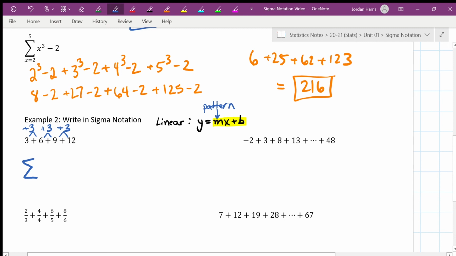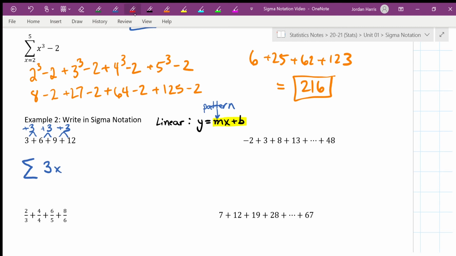So if it's going up by 3, notice I put plus. That means it's a positive 3 slope. If it was going down every time, it would be a negative slope. So you do need to understand that. There can be positive slopes, there can also be negative slopes. If we're going up, positive; going down, negative. This one's going up, so it's a positive 3x.